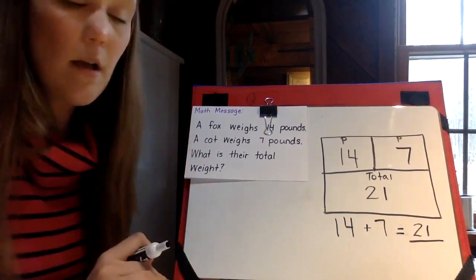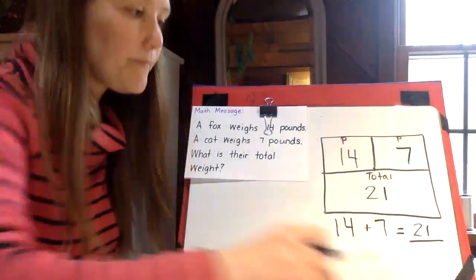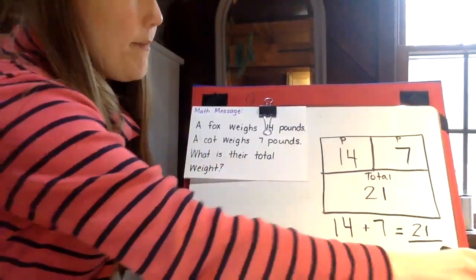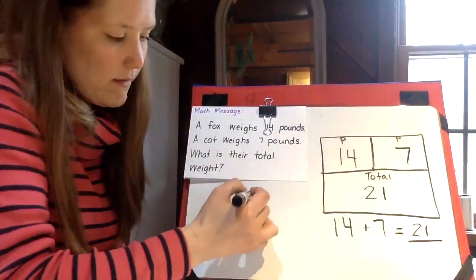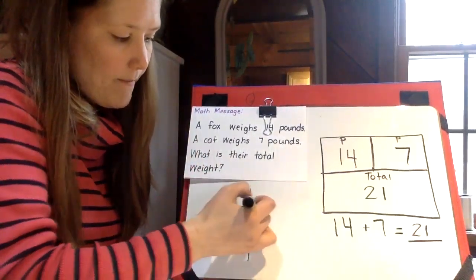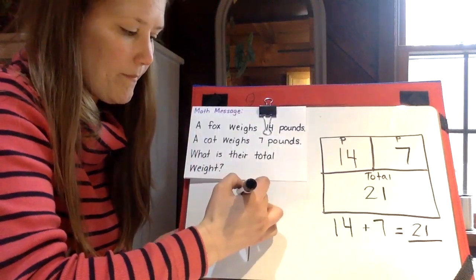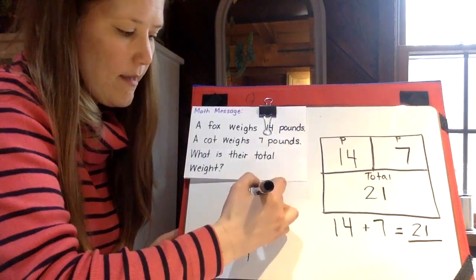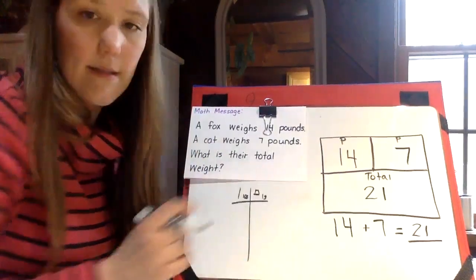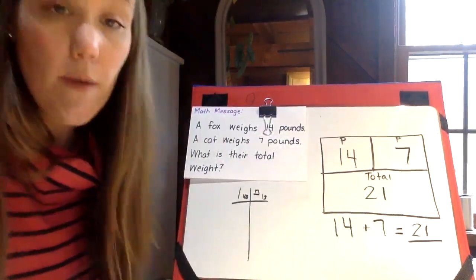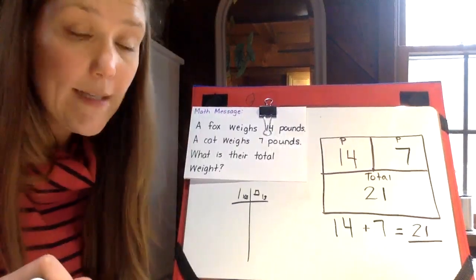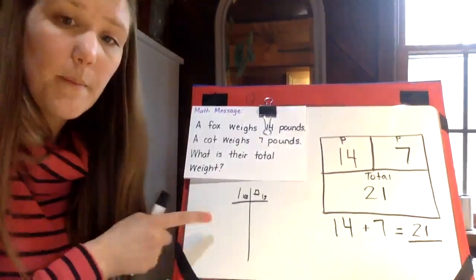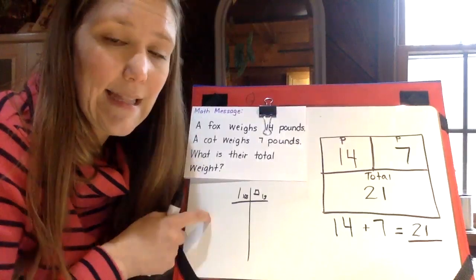Now, if I had solved this using base 10 blocks, I might draw a 10s and 1s mat. And this is my longs, my 10s, and this is my cubes, my 1s. And you actually have this and you could use your base 10 blocks. My base 10 blocks are magnetic and they won't stick to this board.